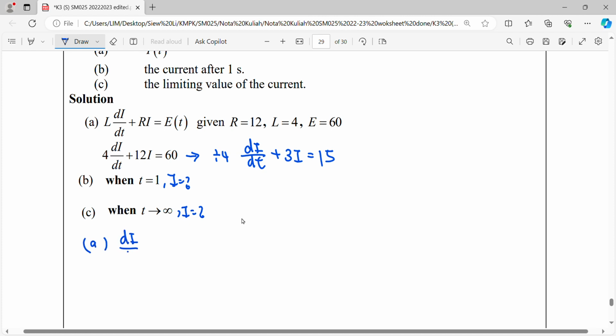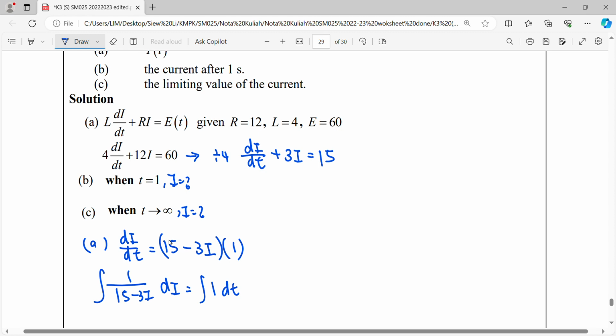the DE here, when we express it back to the right hand side, you can notice here only having variable I. So I will solve it by using separable, because variable t is not present. So this is all the factor of I. The t only has 1. So we move the factor of I to the left hand side, and then the dt, we multiply it to the right hand side.